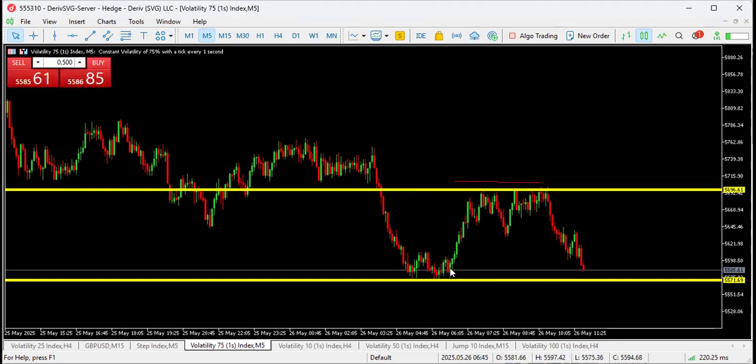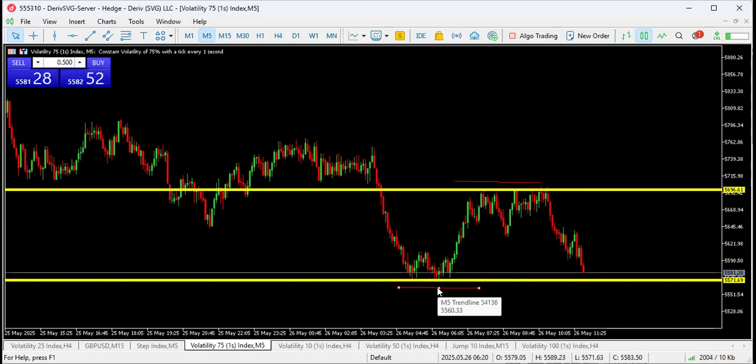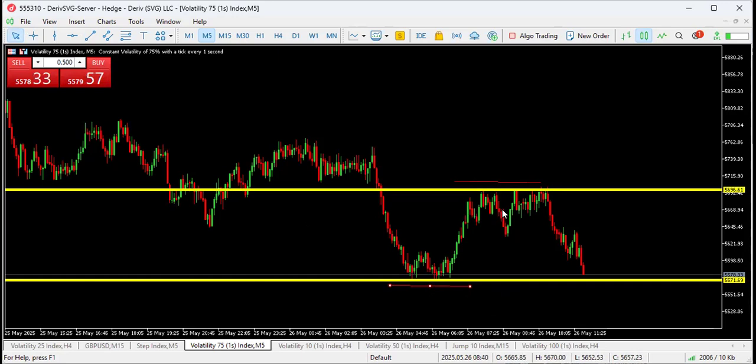This one here is your confirmation candlestick. In this scenario, your stop loss is here below your entry, and then your take profit is probably here. Are you seeing?